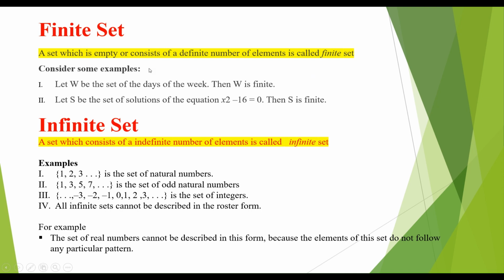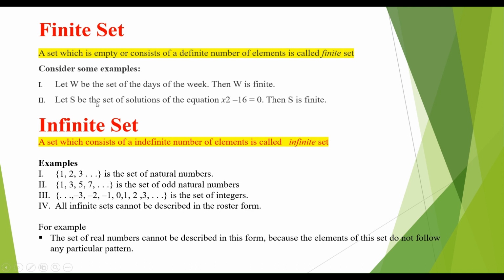Next we'll see some examples. Let W be the set of the days of the week: Sunday, Monday, Tuesday, and so on. We have 7 days, a definite number that will not change, so we call this set a finite set.